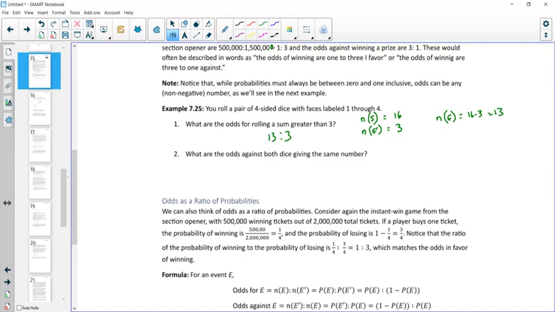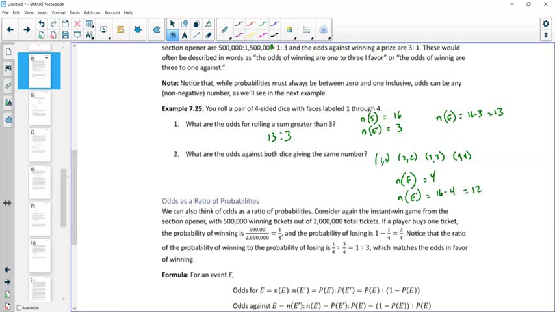What are the odds against both dice getting the same number? Well, there are only 4 ways that both dice can get the same number: 1,1, 2,2, 3,3, and 4,4. So the number of outcomes in the event is 4, and the number of outcomes not in the event would be 16 minus 4, or 12.